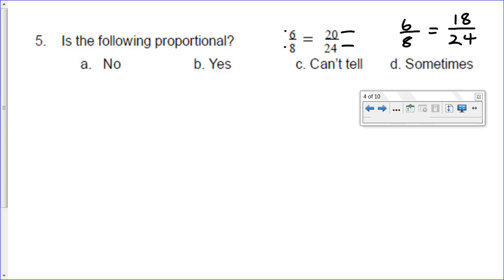Well, that is proportional because you can multiply both 6 and 8 by the number 3, and that will yield both 18 and 24. So that would be proportional, but this particular number is not proportional. So I went ahead and gave that one away, but hopefully that helps you out.